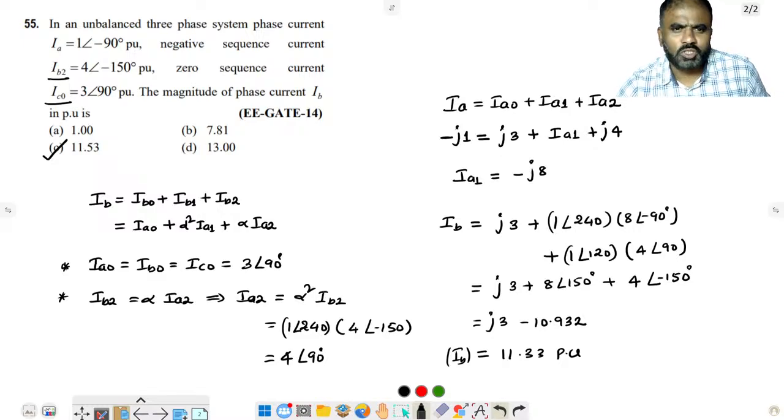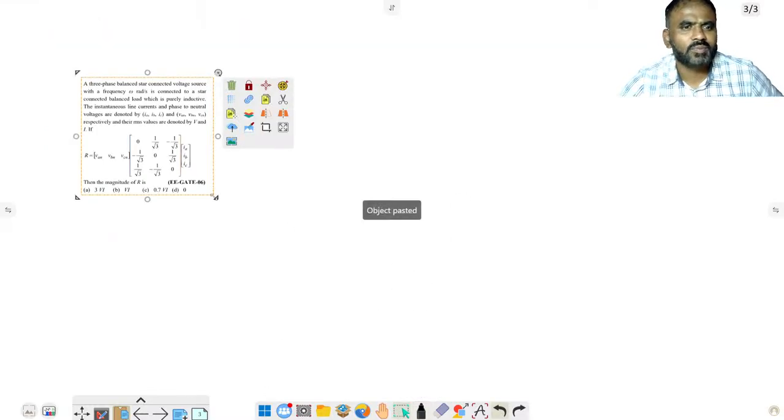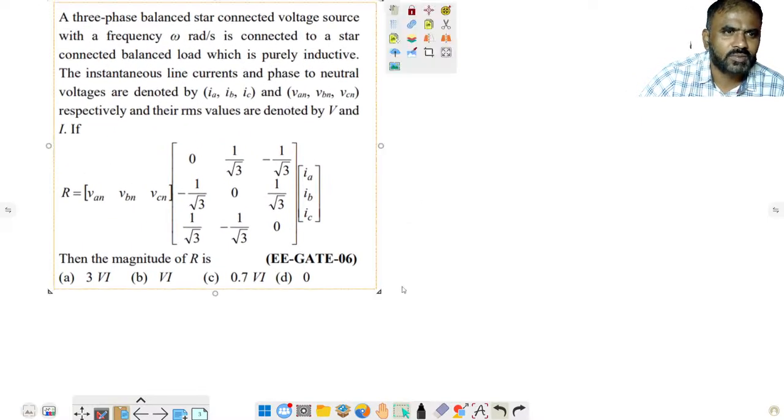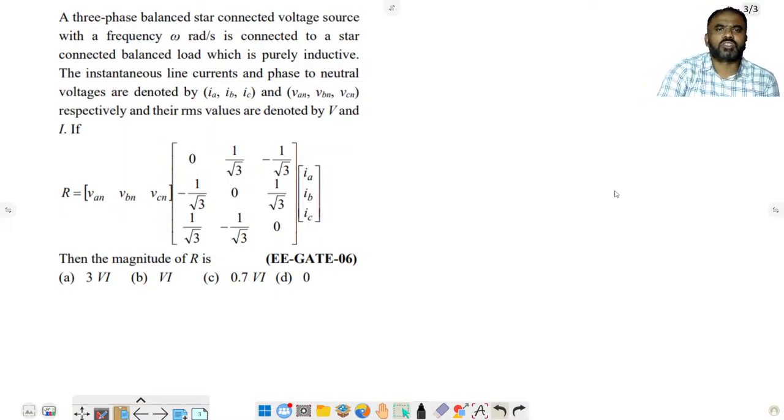So this question is a general question. I can't say it belongs to symmetrical components. This question is given in GATE 2006. A three-phase balanced star-connected voltage source with frequency omega radians per second is connected to a star-connected balanced load, which is purely inductive.